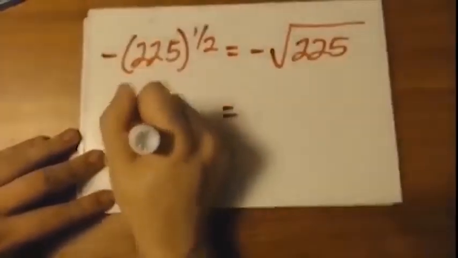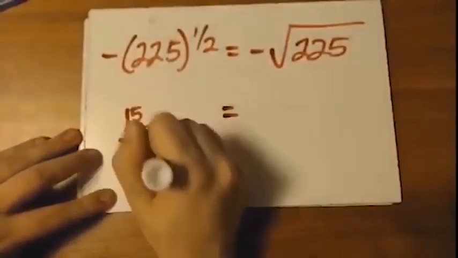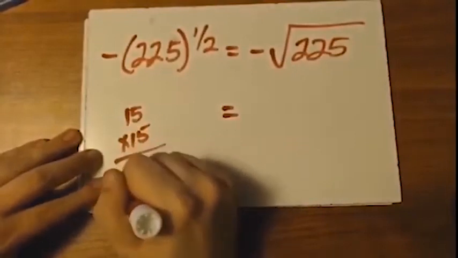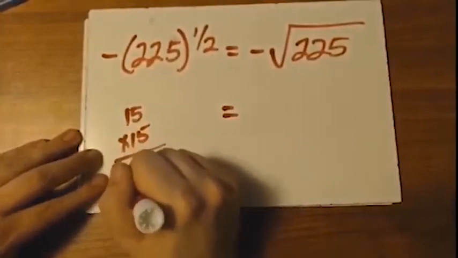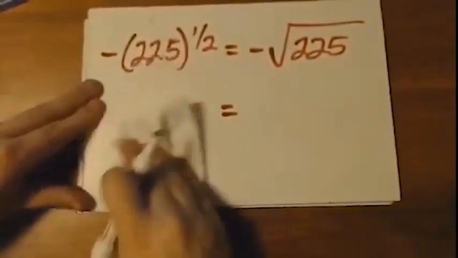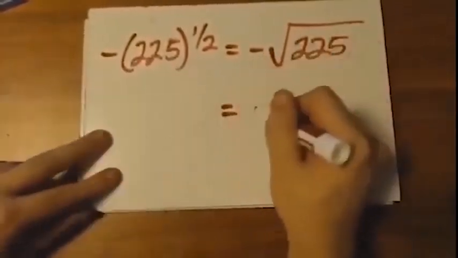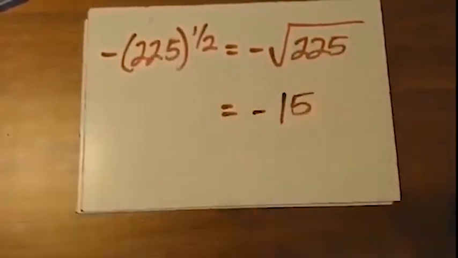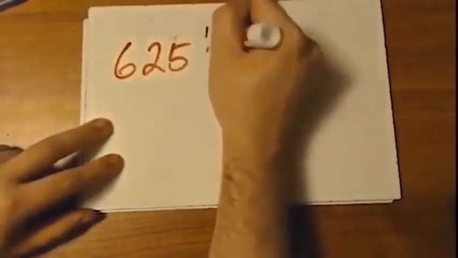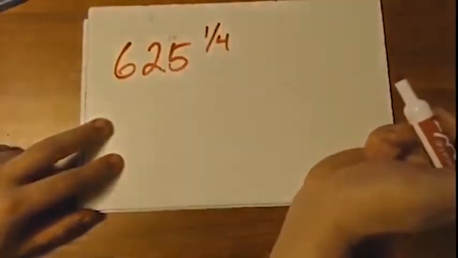Pretty sure that's 15. Use my math brain. Yep. Since we have the negative, it's negative 15. You are allowed to use a calculator in this class. You are encouraged to use a calculator in this class.